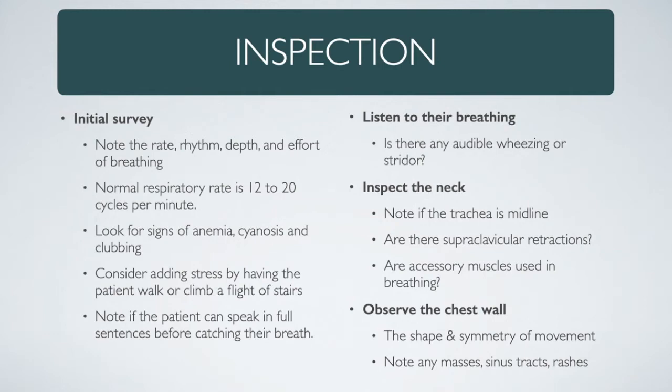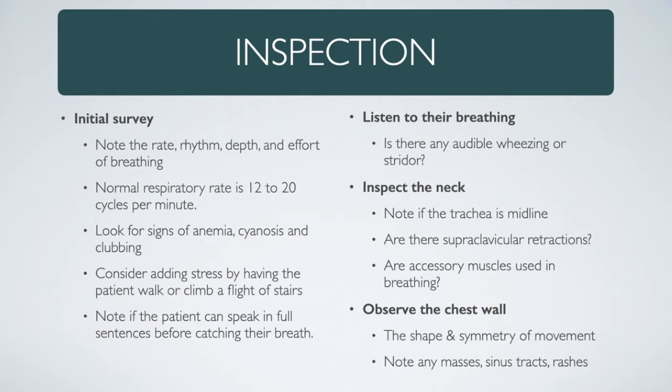It would be best if you can have the patient disrobe so you can see the chest fully exposed and see if there are retractions, if there are asymmetries in the movement or the expansion of the chest without you touching, without you instructing the patient to do any maneuver, any position. The normal respiratory rate varies. Some sources would say it's 12 to 16, but for our purposes, it's 12 to 20 cycles per minute.